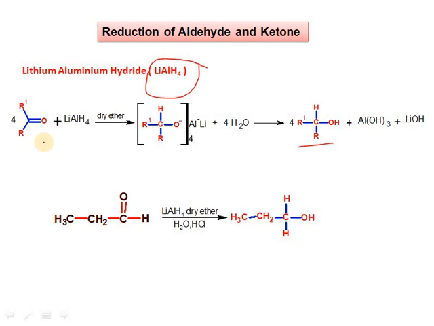In the first step, one molecule of lithium aluminum hydride simultaneously adds to the carbonyl group of 4 molecules of aldehyde, forming a complex containing aluminum. In the second step, this complex is hydrolyzed with dilute acid to give alcohol, the primary alcohol. Hence, one molecule of lithium aluminum hydride simultaneously reduces 4 molecules of aldehyde or ketone into 4 molecules of alcohol.